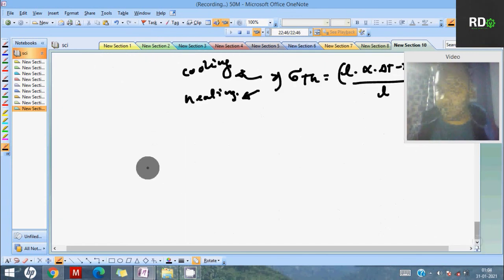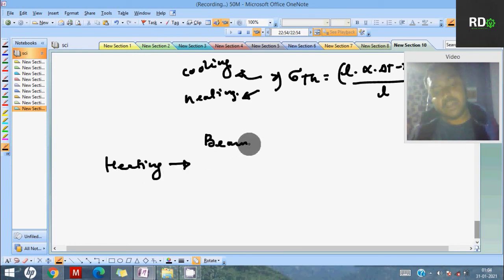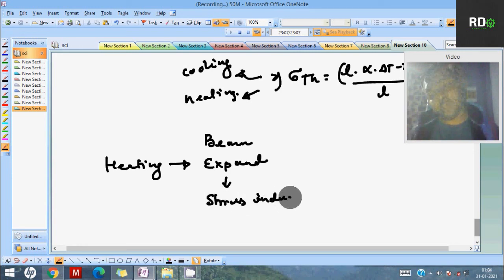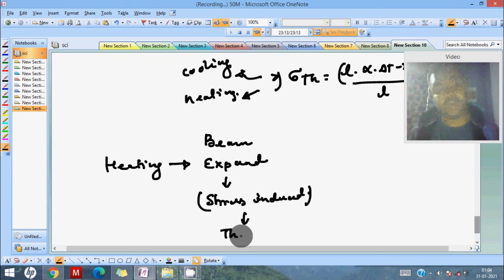Before I end the video, you have to know one thing. See, if you do heating, what will happen in the beam? In the beam or in the object, it will try to expand. So if you stop or try to stop the expansion, what will happen? Stress will be induced. So what type of stress is it? Thermal stress. Okay, I'm repeating again.